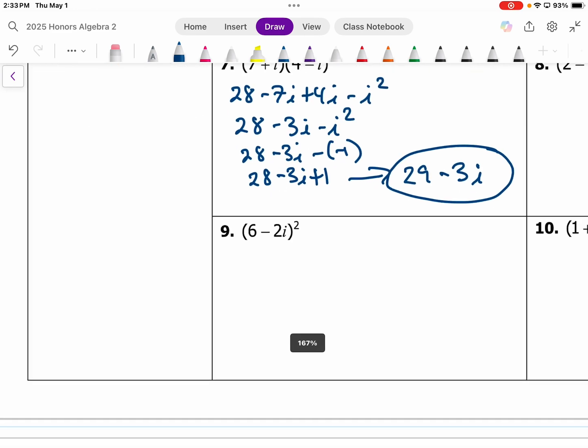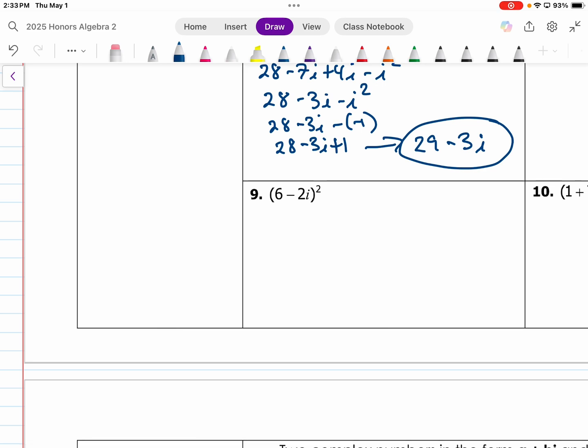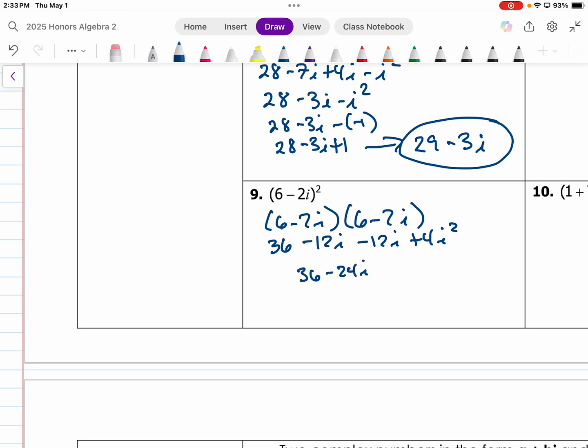Can I distribute that 2 on number 9? Am I allowed to distribute that 2? Is it a monomial being squared? No, it's a binomial. So this one I need to rewrite as 6 minus 2i times 6 minus 2i. Then I FOIL. 36 minus 12i minus 12i plus 4i squared. 36 minus 24i plus 4i squared.